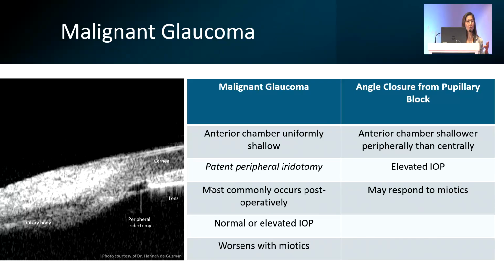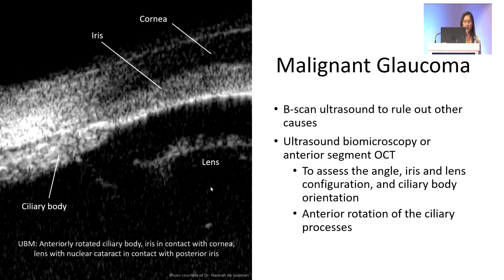What can differentiate the two is your peripheral iridotomy or iridectomy. If you have a patent peripheral iridotomy or iridectomy, but still with very flat chamber, most likely it's malignant glaucoma. Your diagnostic imaging plays a very important role.